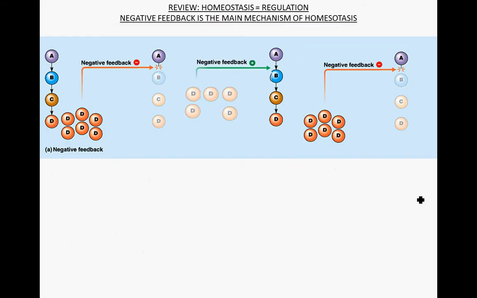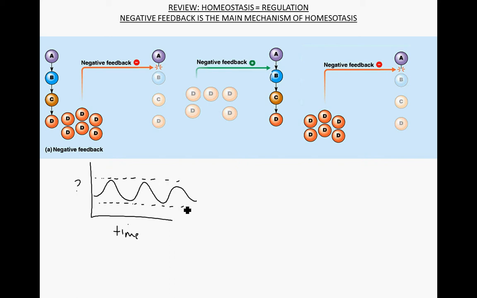Okay, so reviewing negative feedback. I prefer to think of it more graphically, where depending on what you're looking at, generally over time the concentrations or the values are going to be fluctuating, right? So you have this sine curve, you have generally an upper limit and a lower limit, and whatever you're measuring exists within a range.